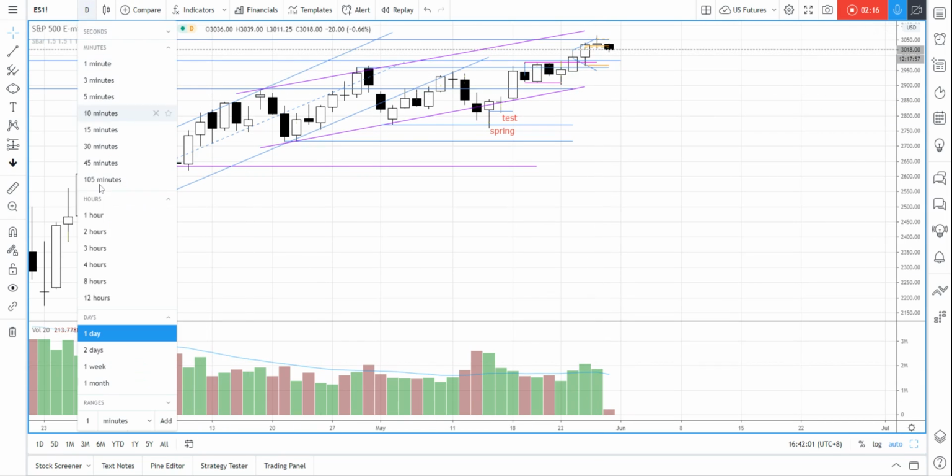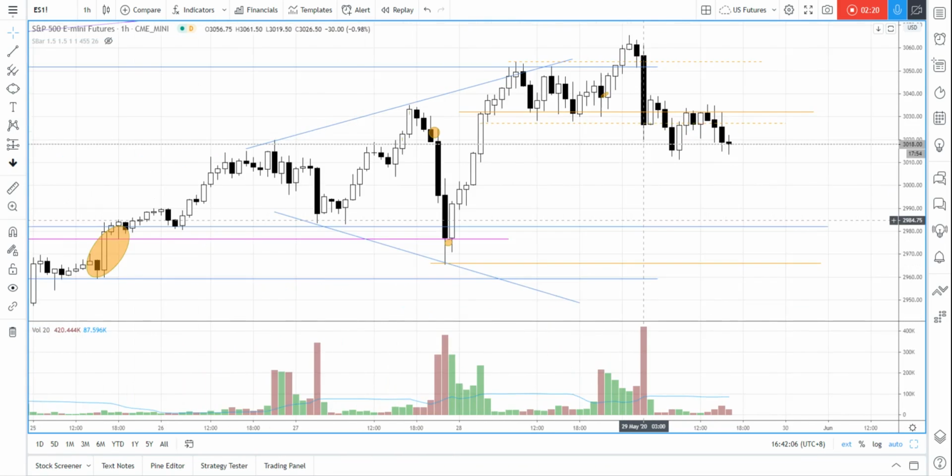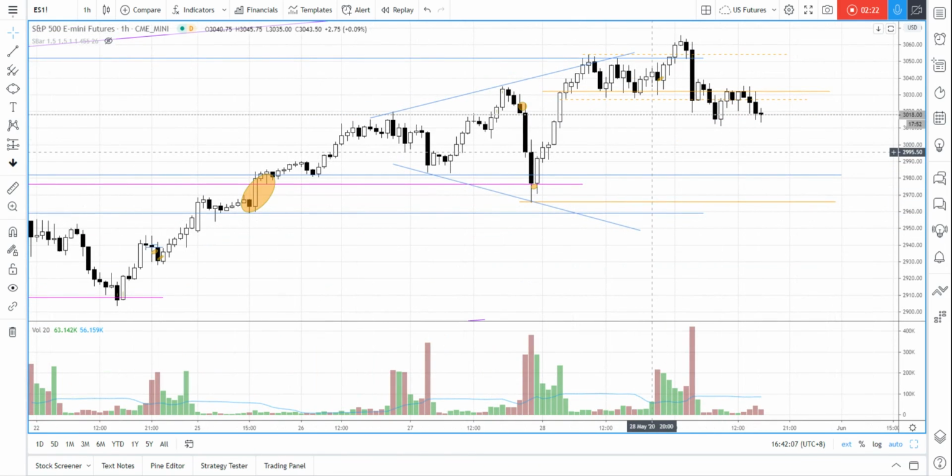So let me just get it down to H1. You can see initially at the US opening, we did test this level, the 3030 level, which is a support level.